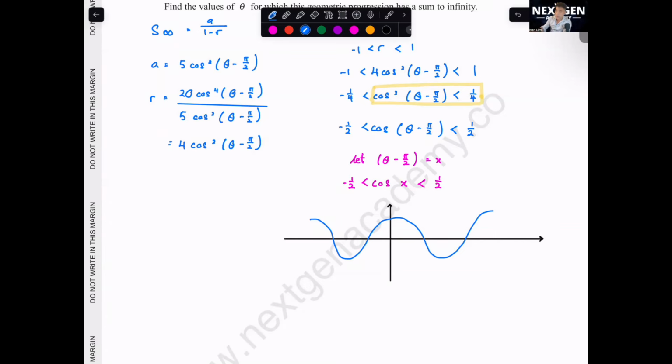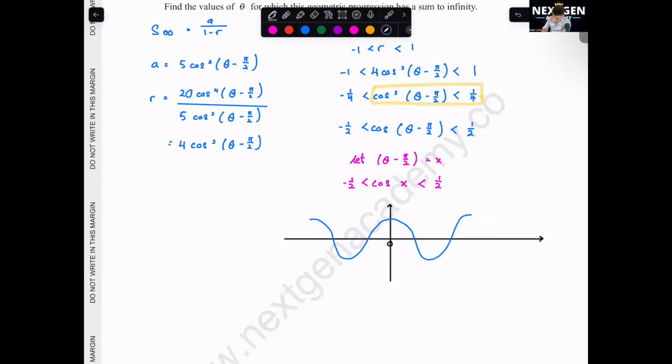They want the answer in terms of pi. What are your angles over here? Draw it a bit more symmetrical, like this. Where does it intersect? This part here is 0.